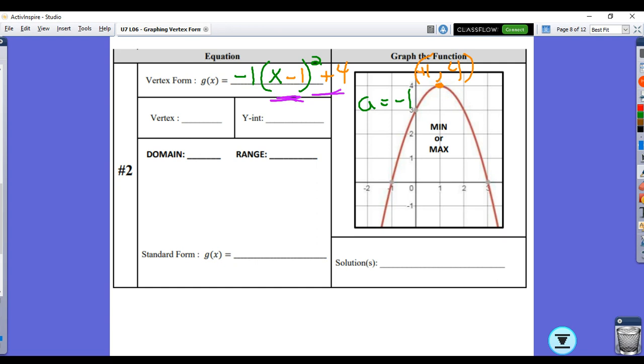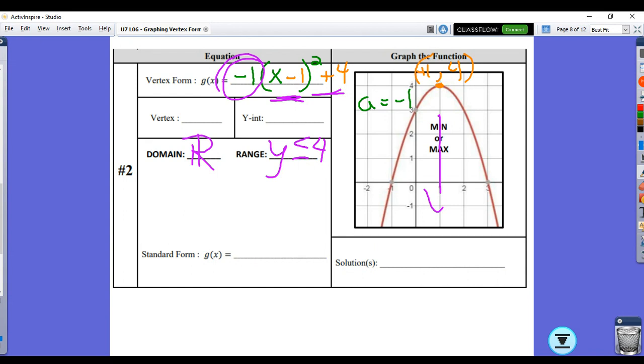But because it's opening downward, see how we're opening downward? That means that my a value needs to be negative. So my a value is -1 in this case. My domain hasn't changed, all real numbers, but my range is going to be less than, since we're opening downward, in this case, less than or equal to +4.